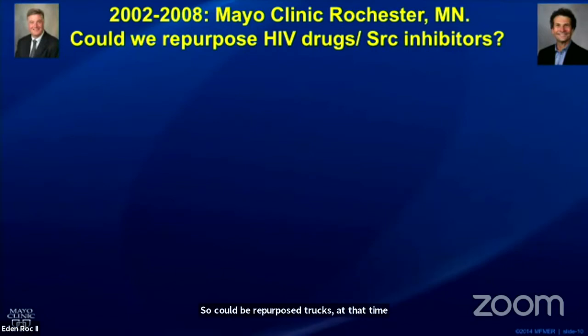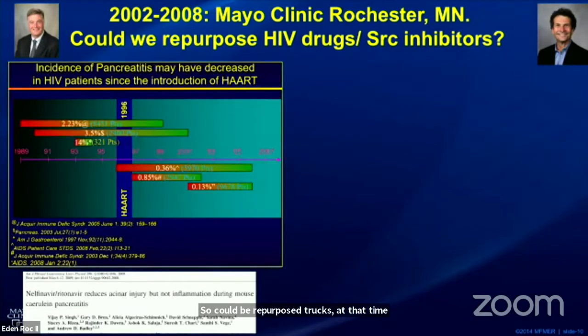At that time, one of the main things that I was learning was HIV was associated with an increased risk of pancreatitis. And if we split the time period into two phases, the pre-HAART era and the post-HAART era, HAART meaning highly active antiretroviral therapy, which was introduced in 1996. Prior to HAART, most of the therapy of HIV was monotherapy with reverse transcriptase inhibitors.